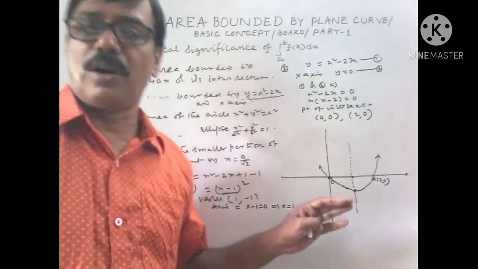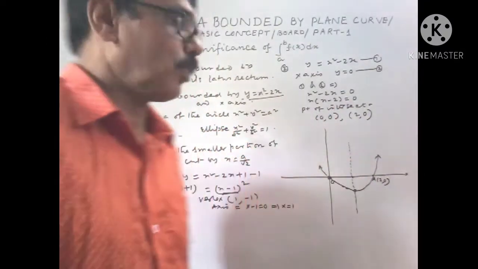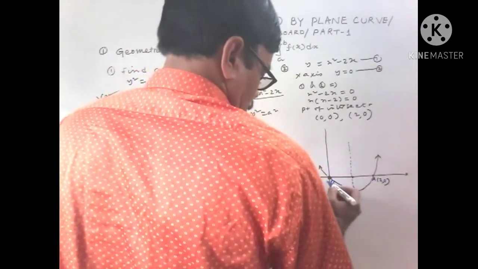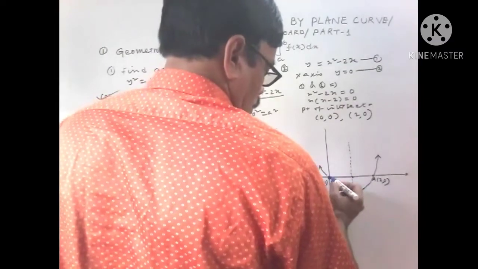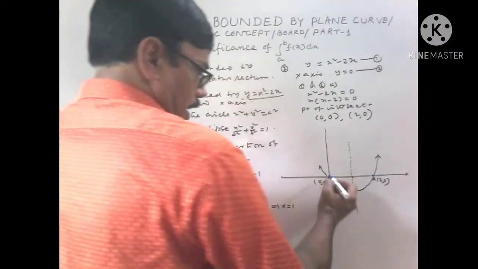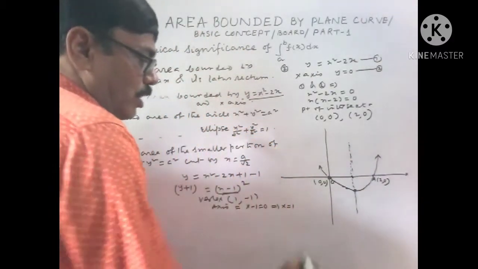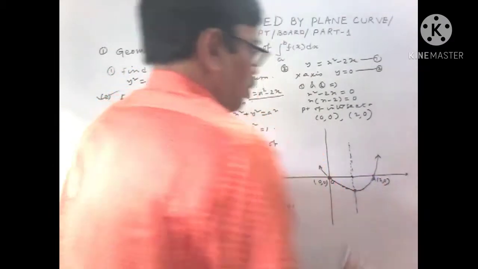You can also draw by the shortcut method. Look, (0, 0) and (2, 0) are the points of intersection. Take the midpoint and this will be the axis. So it passes through (0, 0) and (2, 0).